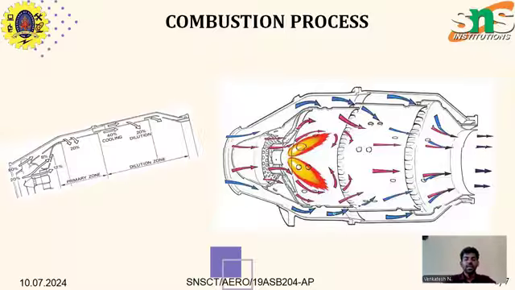In the combustion chamber process, the primary air goes into the combustion chamber at the first level of entry, which is called the primary zone. The next one is the dilution zone.